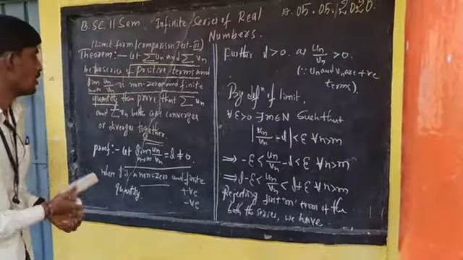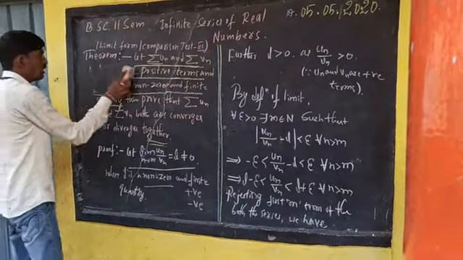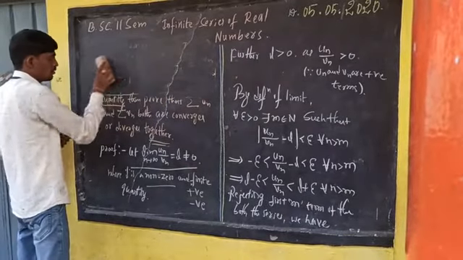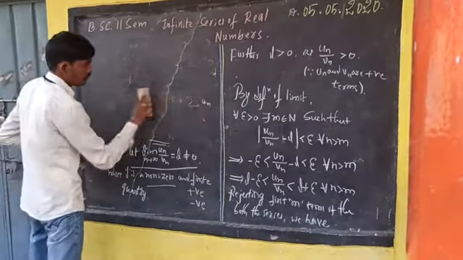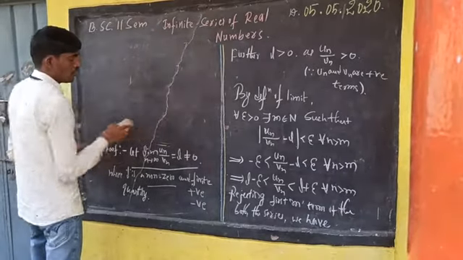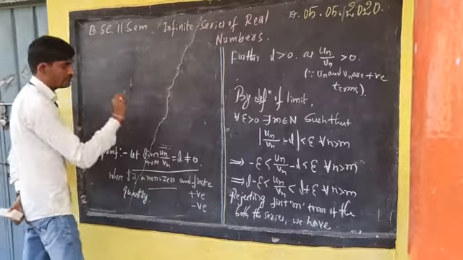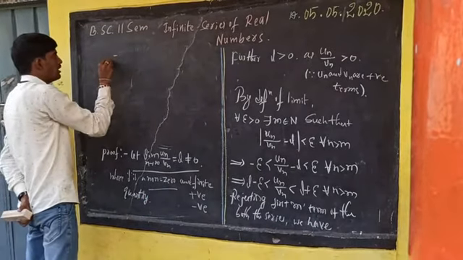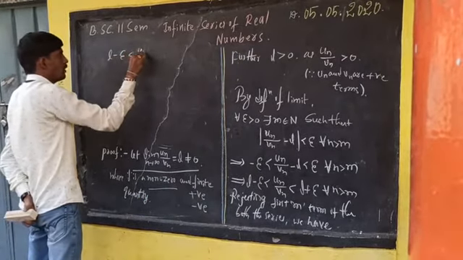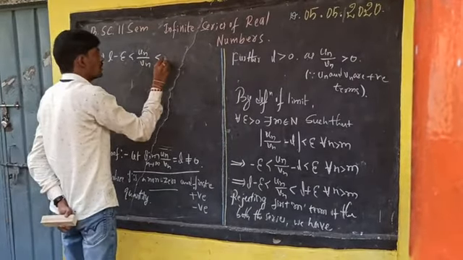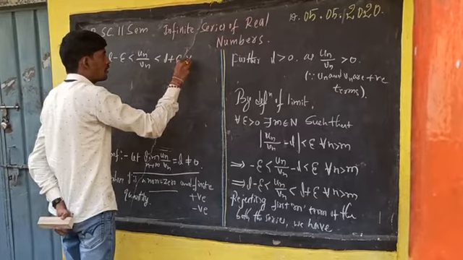Please look at what the changes are for the next step. Next you have L minus epsilon less than un by vn less than L plus epsilon for all n.